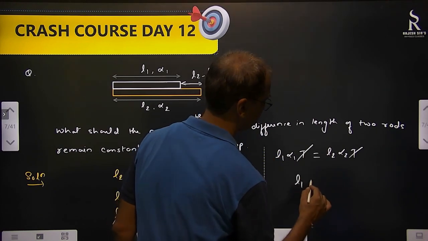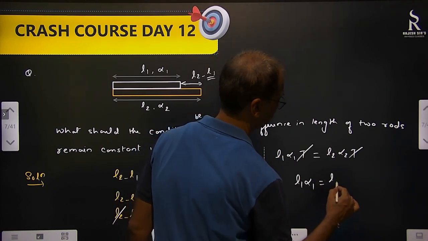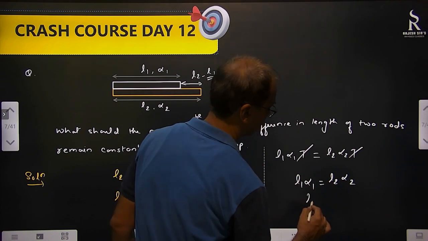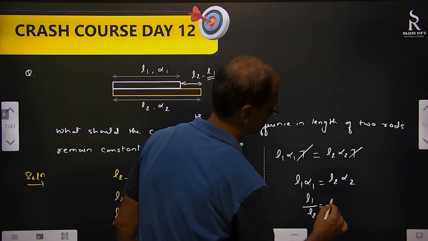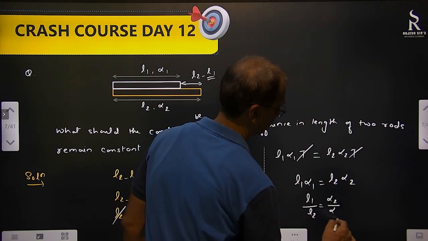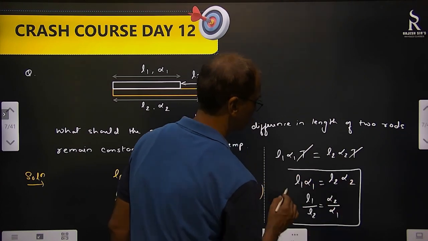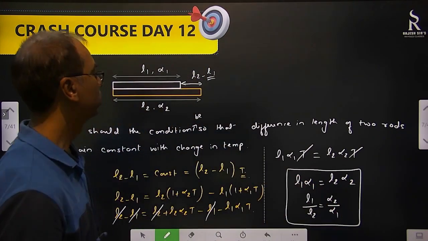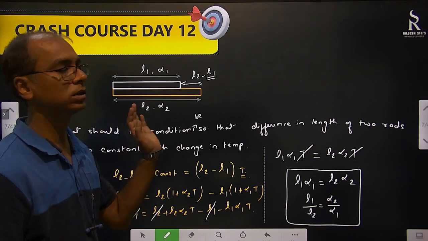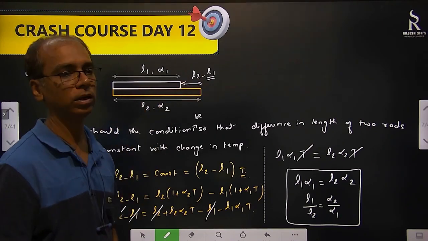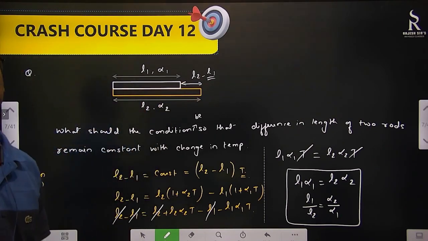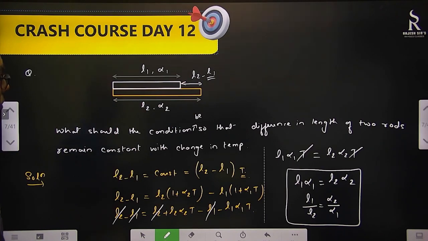So the condition is L1 alpha 1 equals L2 alpha 2, or L1 by L2 equals alpha 2 by alpha 1. This is the condition which says that no matter what temperature you are increasing to, L2 minus L1 will remain constant.